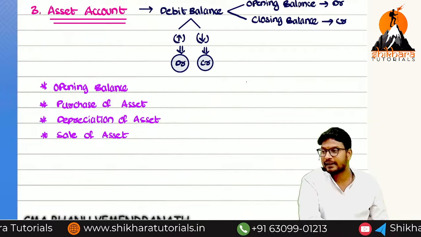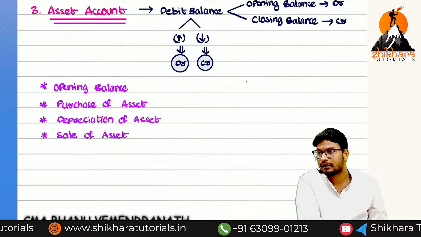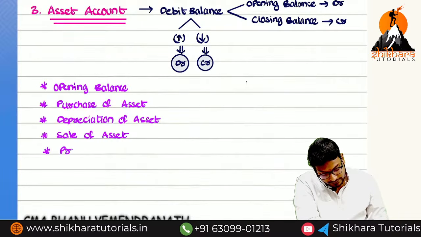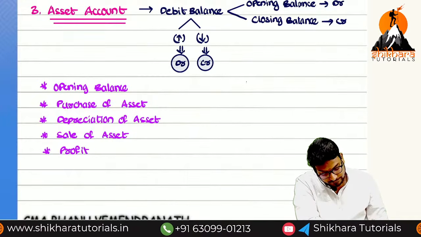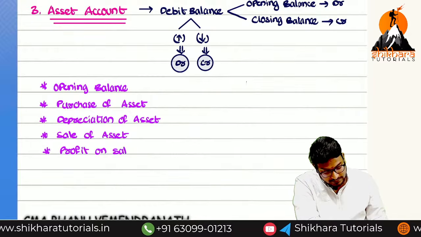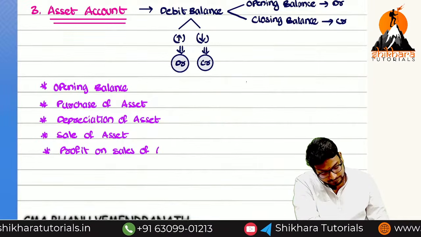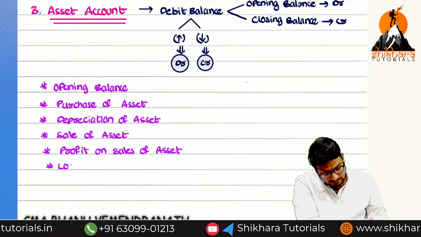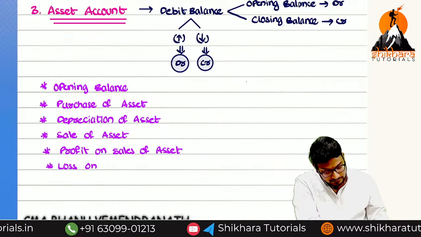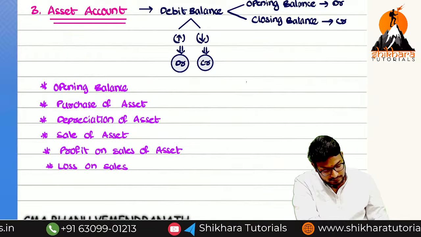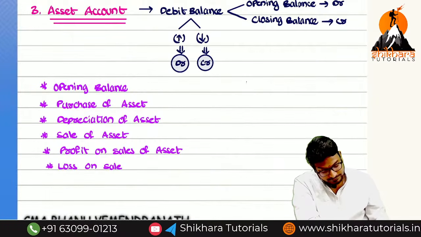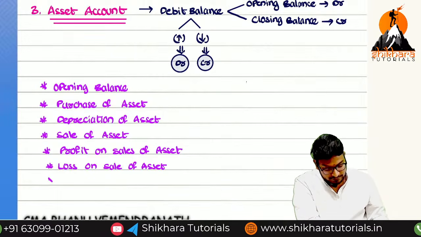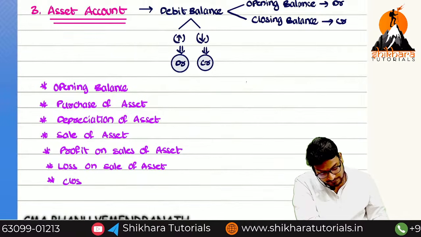Next, if you sell, either we are going to get a profit or we are going to get a loss. So profit on sale of asset. Next one, or loss on sale of asset. Next one, closing balance.